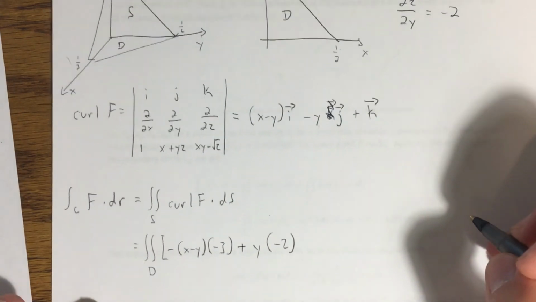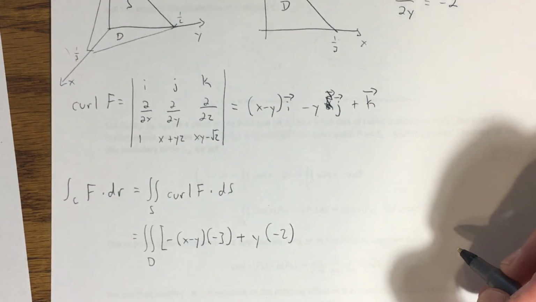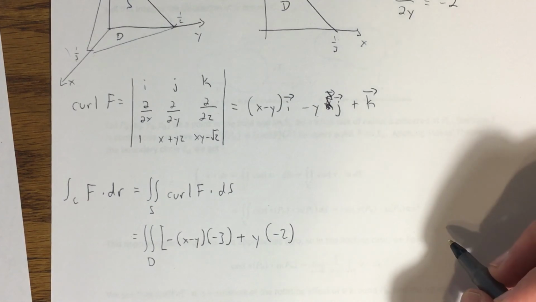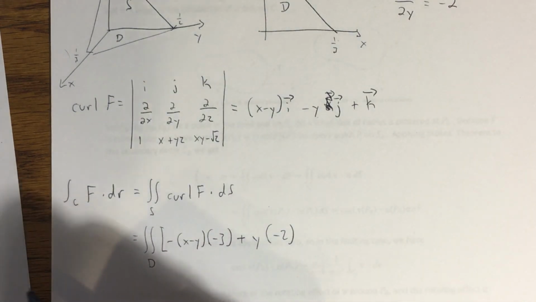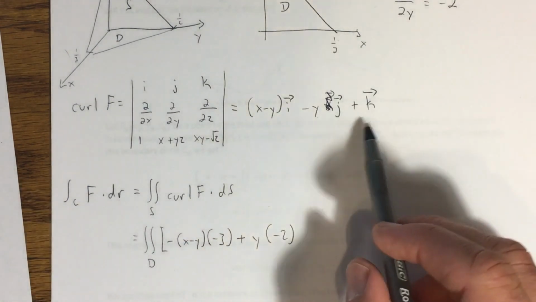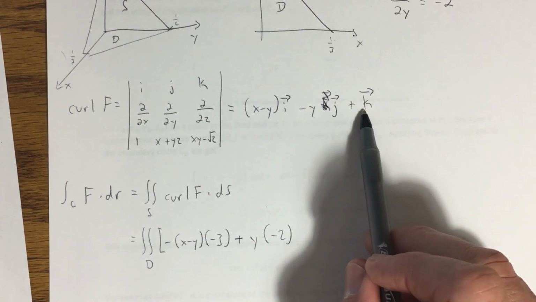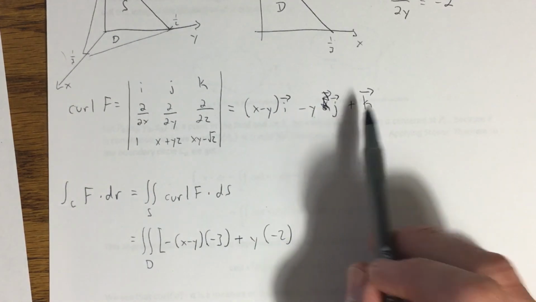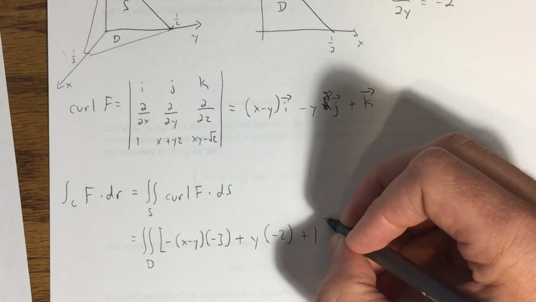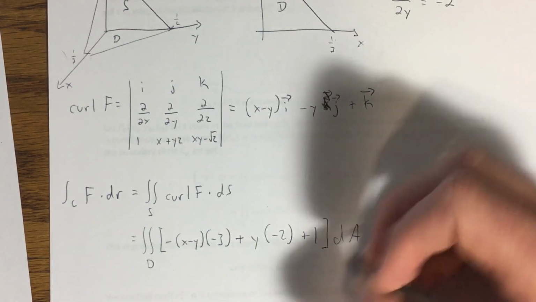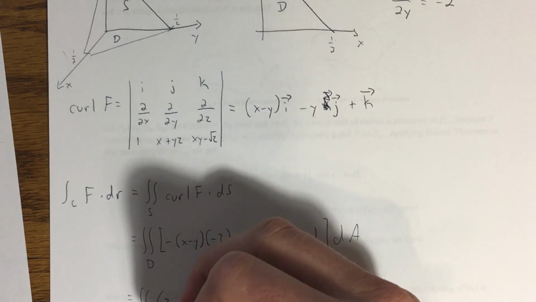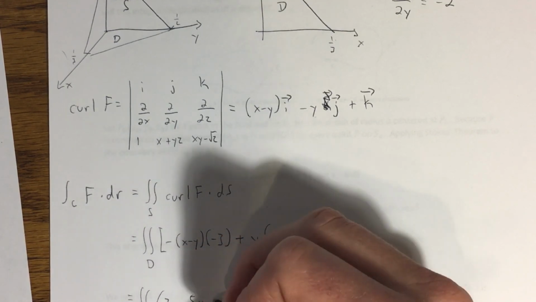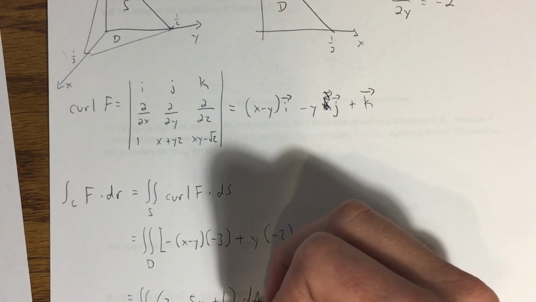Plus R, which in this case is the k component, is just 1, plus 1 dA. Or, after simplifying, 3x minus 5y plus 1 dA.